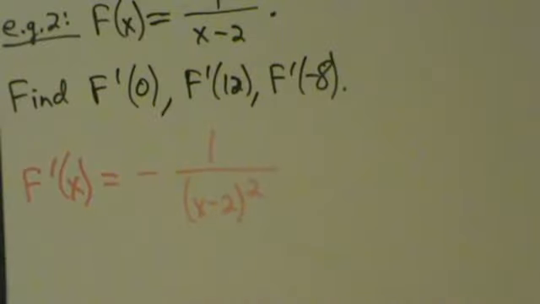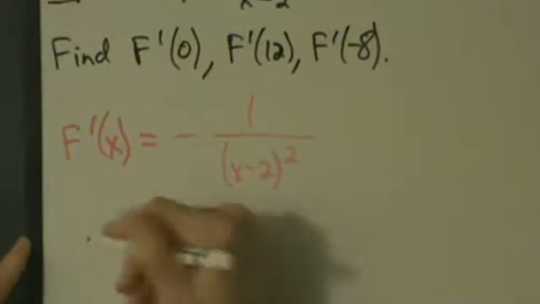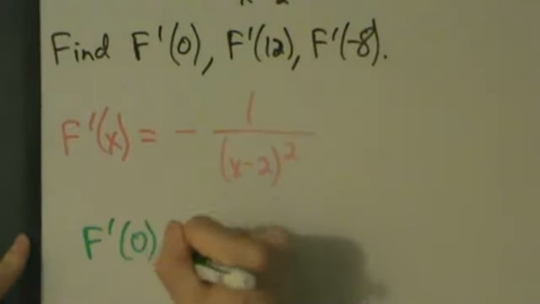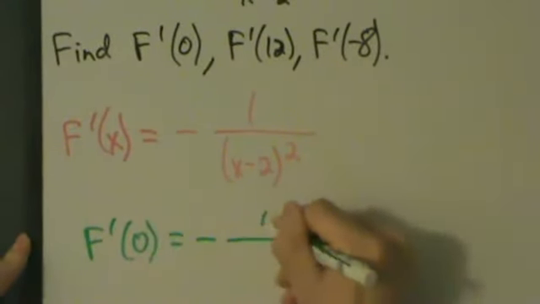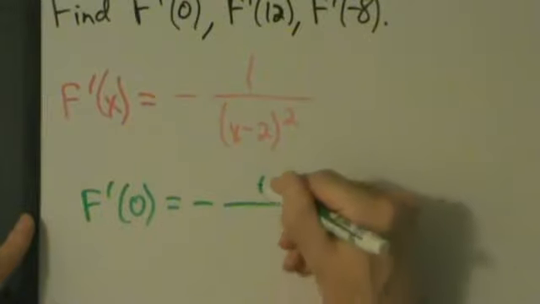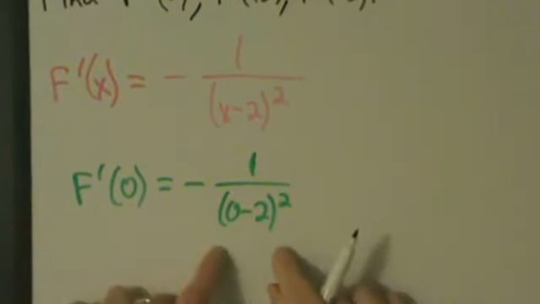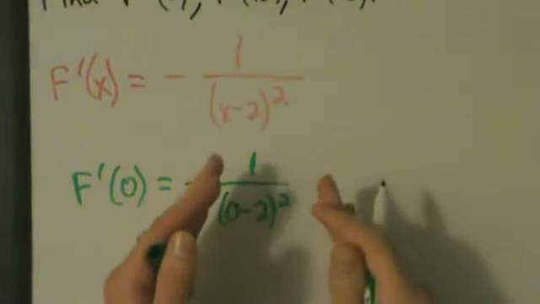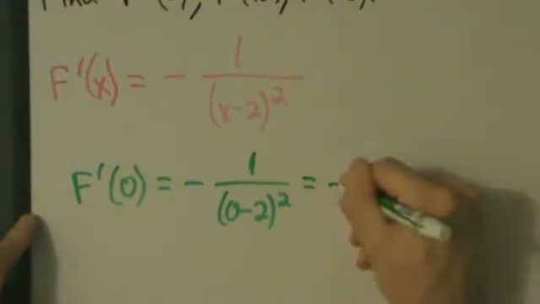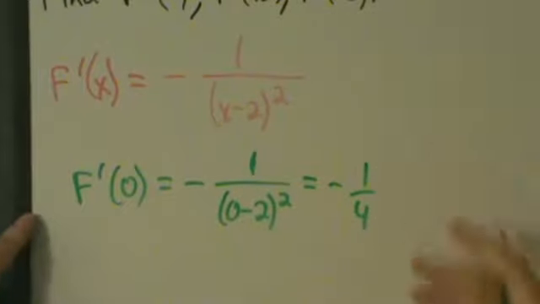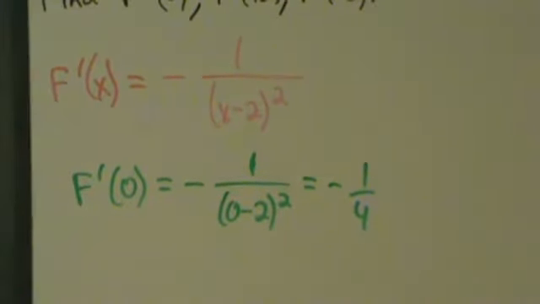Probably don't need that room. Okay, so f prime of 0 is negative 1 over 0 minus 2 squared. 0 minus 2 is just negative 2. Negative 2 squared is positive 4. So this is negative 1 over 4. Okay.